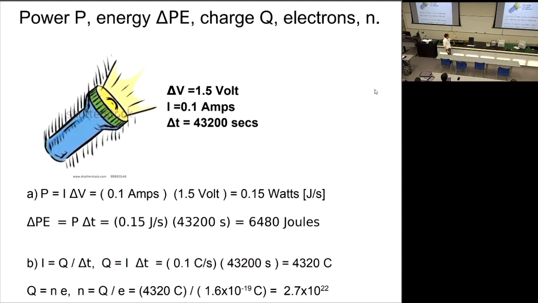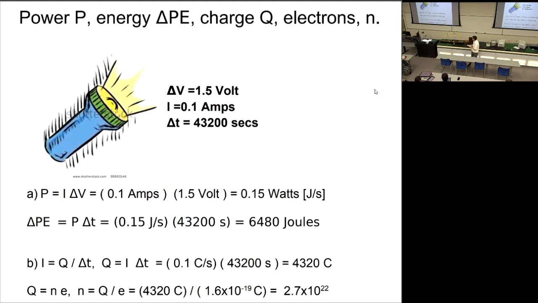The first part of the problem, part A, is to calculate the power and then the energy that was supplied by the battery. If you know the voltage that the battery is supplying, it's a 1.5 volt battery, and you know the current that it is supplying, 0.1 amps, that immediately tells you the rate at which energy is being supplied, the power.